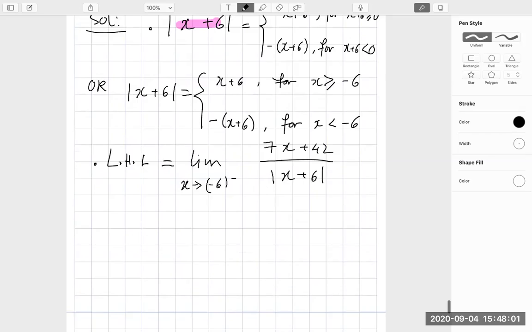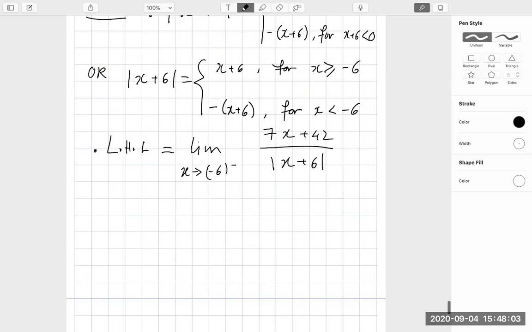If it approaches -6 from the left, it means x is smaller than -6, right?